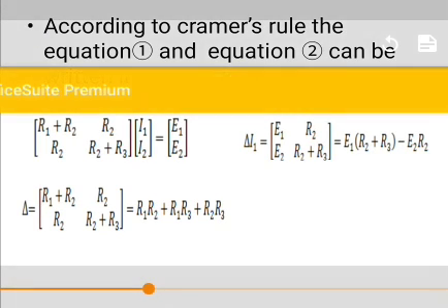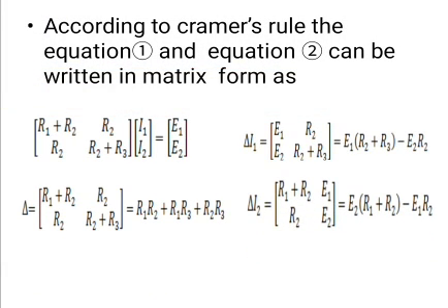Next, delta I2 is the determinant of the matrix formed by replacing the second column values of the coefficient matrix with the answer column values. That means the second column values are replaced by the answer column values, E1 and E2.